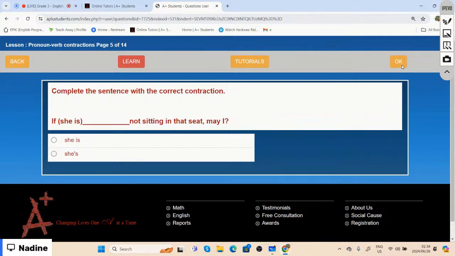It says, if she is not sitting in that seat, may I? Is it she is or do we say she's? Do we say if she is not sitting in that seat, may I, or do we say if she's not sitting in that seat, may I?